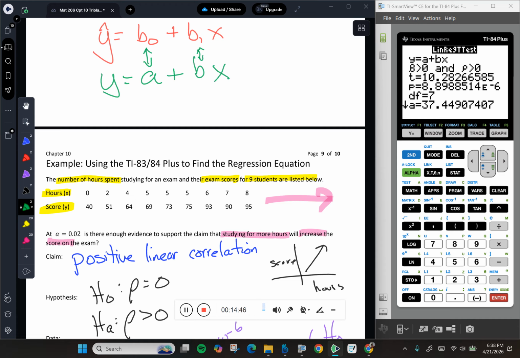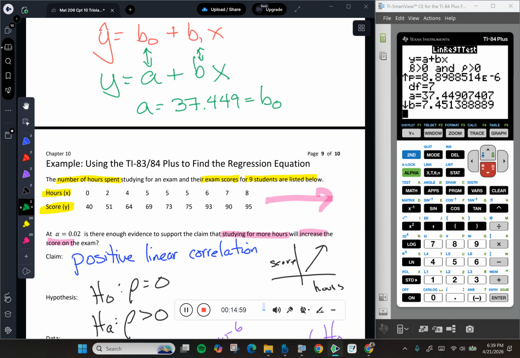So when I look at the calculator screen over there and I see that at the bottom, do you see where it says a and b? So when the calculator tells me that a is 37.449, I know that's the b sub 0 in the stats world. And when I look over at the calculator and I see that b is 7.451, I know that that's the b sub 1 in the stats world.